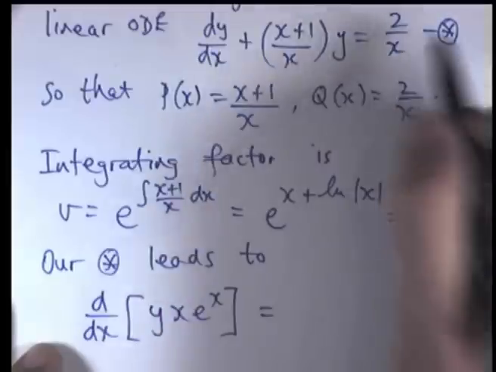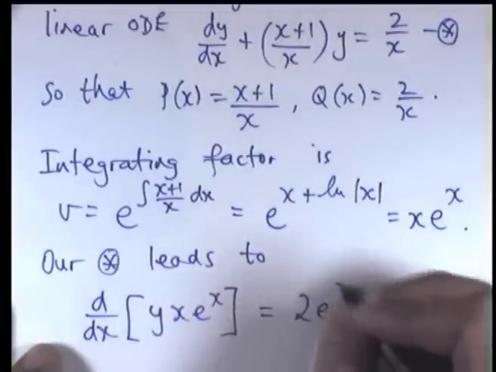Let's multiply that by that. We'll get 2e to the x. You can see now how I've not put in so many steps as the previous problem.